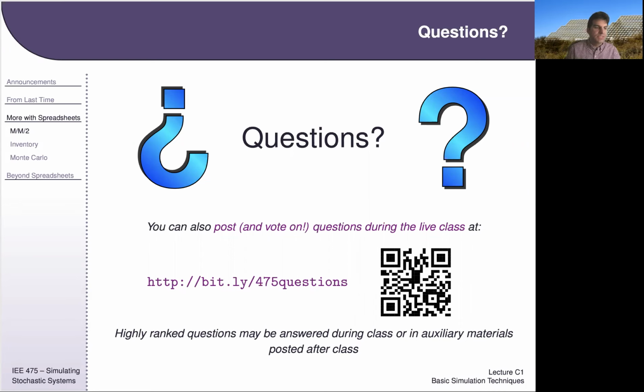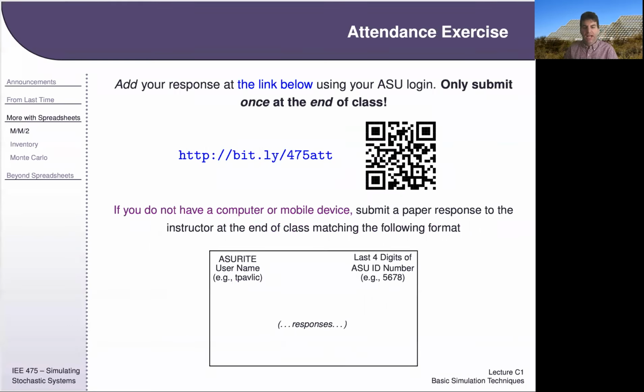All right, so let's do an attendance question. I'll put the URL in the chat. Just a question to see if people are woken up. In the previous example of the call center in the spreadsheet, who were Able and Baker? If you could just fill in one word.